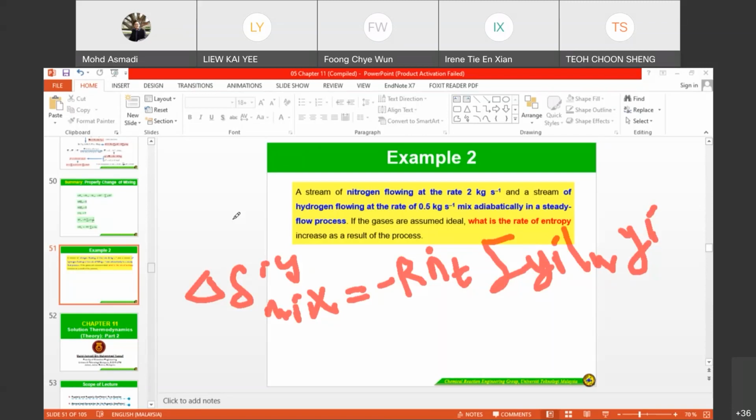One four one seven. Okay, 1417. Okay. What's the unit? What is the unit?